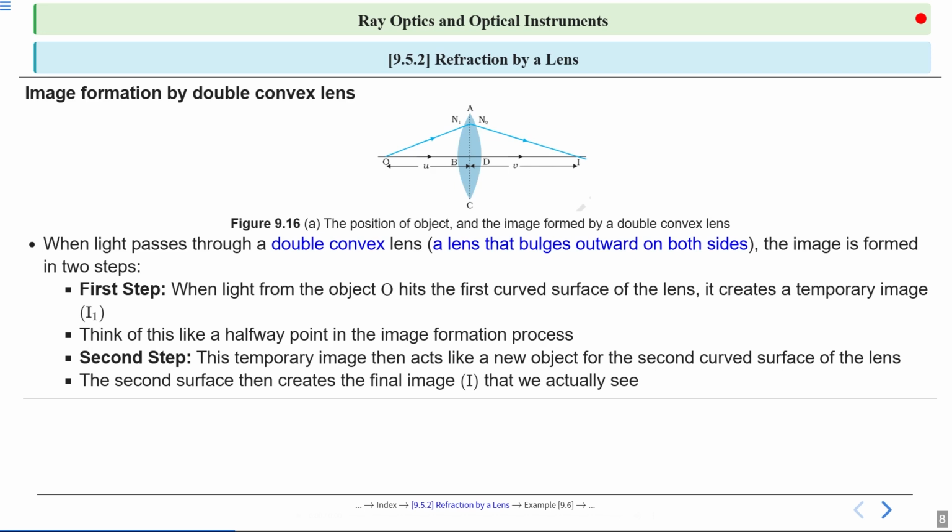So I1, the temporary image from the first refracting surface, will act as an object, or we can say a virtual object, for the second surface ADC, and that surface will produce the final image I for that virtual object. We will see step by step how these images are formed in the next slides.